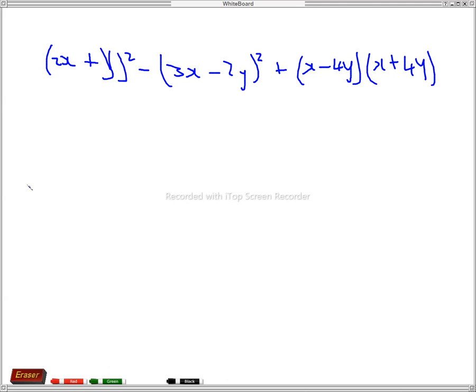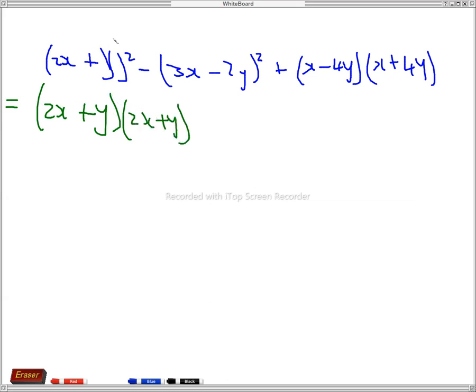When you are having something like this, let me just write with a different marker. It's like 2x plus y. I'm sorry about the handwriting there, but the handwriting is not important. Just focus on the correct content. So it's 2x plus y, 2x plus y, because we have a squared there, meaning that there are two of these terms.